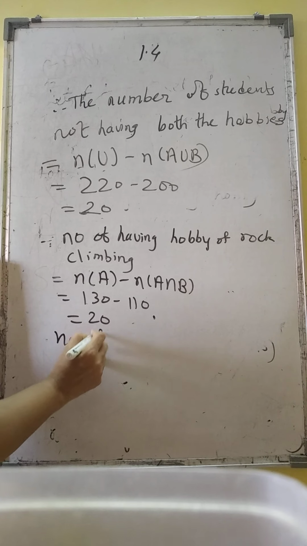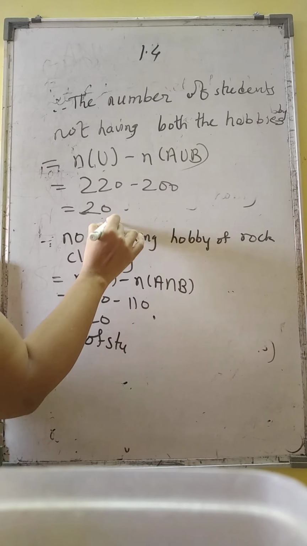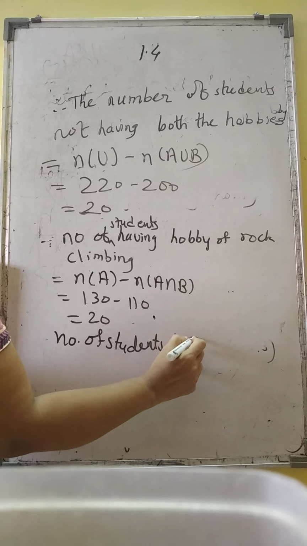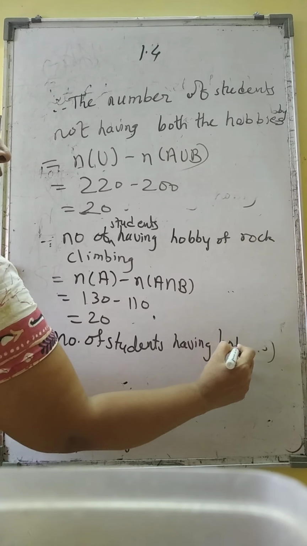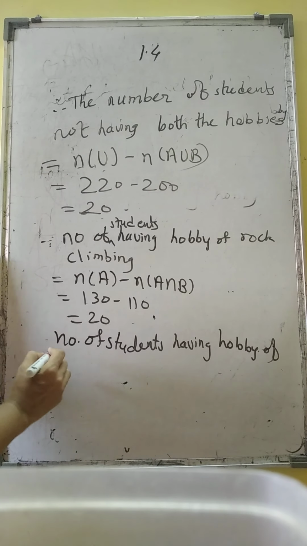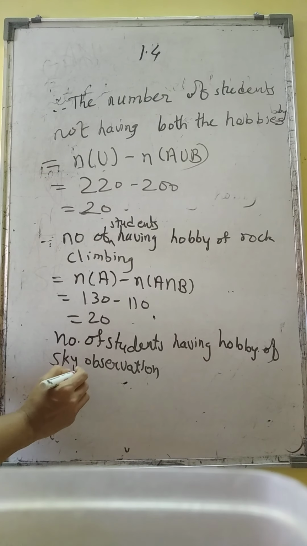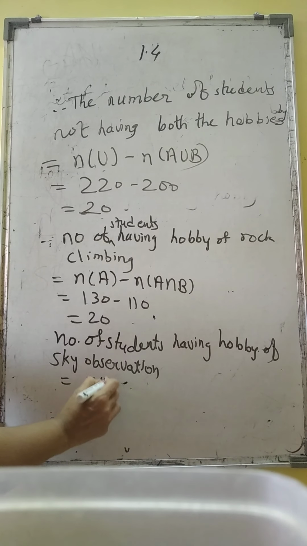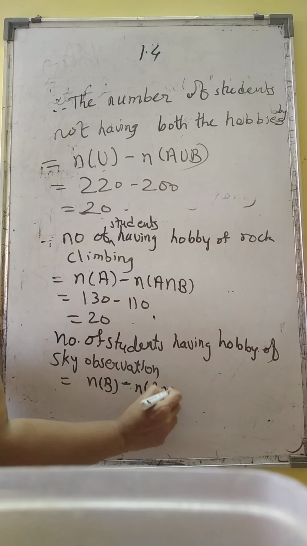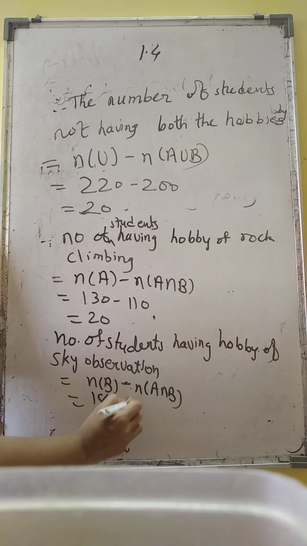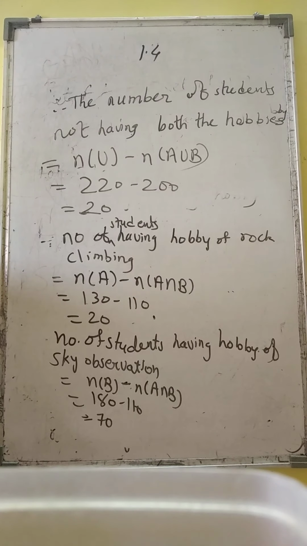And the number of students having the hobby of sky observation only is equal to N of B minus N of A intersection B, which comes out to be 180 minus 110, that is 70.